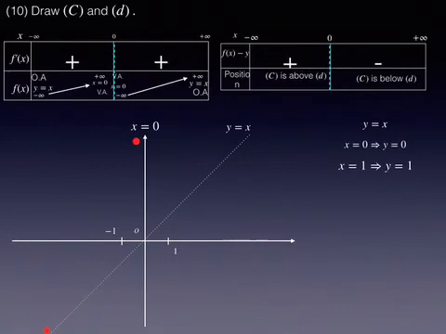So the ending point should be along the vertical asymptote. And when connecting the starting point and the ending point, you should pass through the intersection point between this curve C and the x-axis, that is the point of coordinates minus 1, 0.